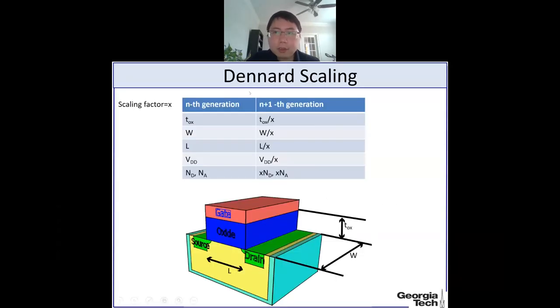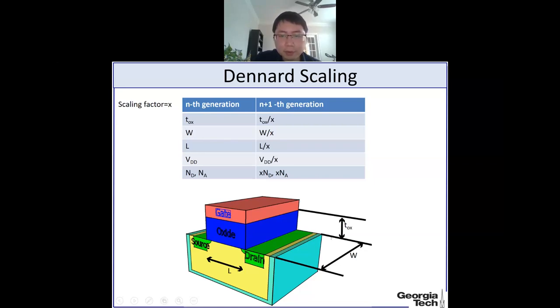So here, let's do the scaling, assuming those assumptions. So let's do the scaling factor x. So in the nth generation, we have those key dimensions of the transistor, like the TOX, which is the thickness of the oxide.